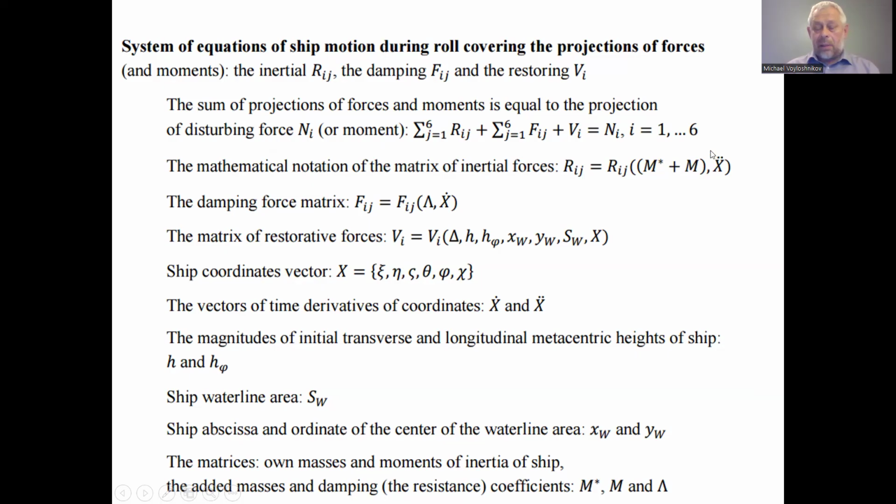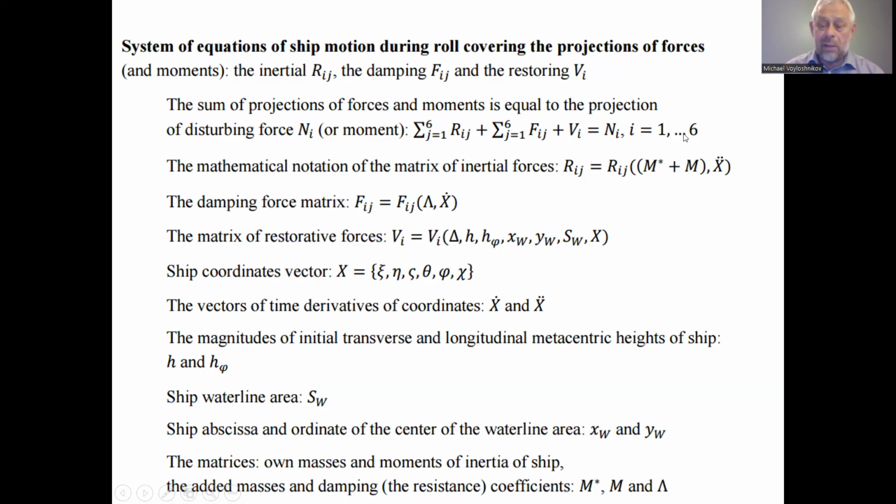And this is the second derivative of the coordinate. We have 6 coordinates. The 3 translational coordinates of the ship motion are in the Cartesian inertial coordinate system, in which we consider the impact of the acceleration onto the inertial forces and moments.